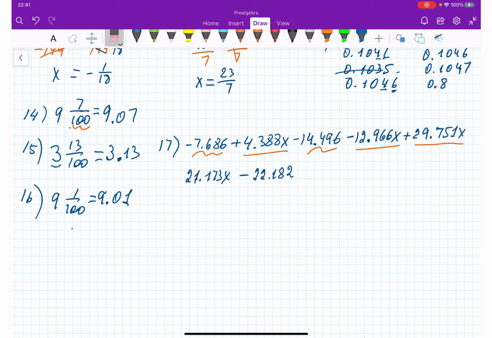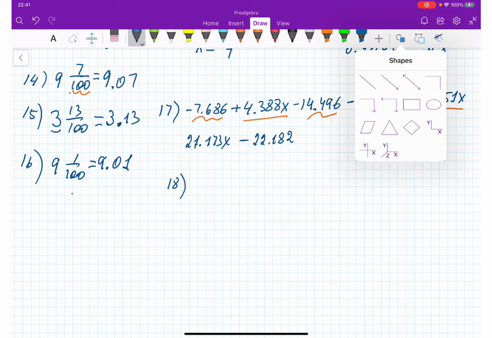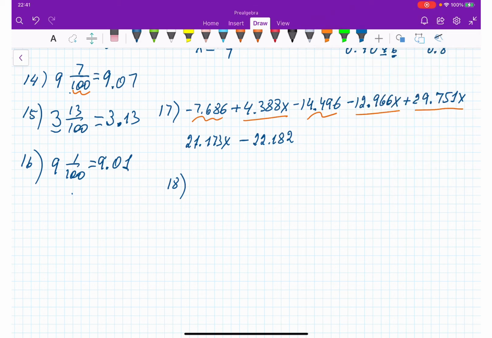Question number 18. Find the unknown length in the figure. Okay. Question number 18. We have an oval. Let me see. Oh, beautiful. Okay.